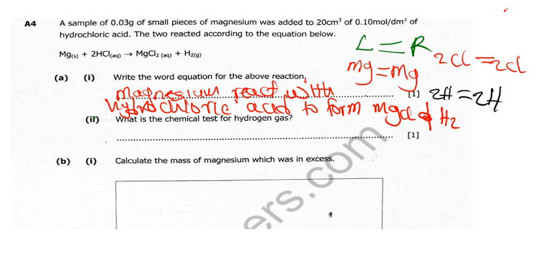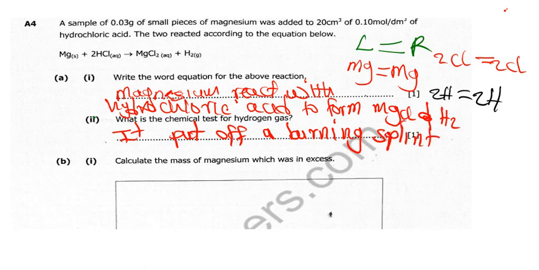Then in the next question, what is the chemical test for hydrogen gas? They want you to tell them how you can test, if it is in the lab or wherever, to say the gas you are dealing with is hydrogen. Okay, so the identity test for hydrogen gas is that it puts off a burning splint with a pop sound.